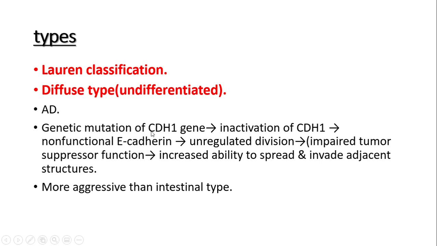This type is very aggressive, can be associated with early metastasis, peritoneal implants, and metastasis to the ovaries, called Krukenberg tumor, and it is more aggressive and resistant to treatment than the other type, the intestinal type.